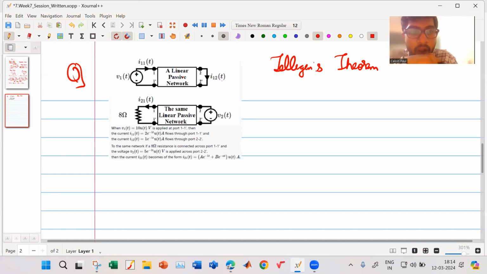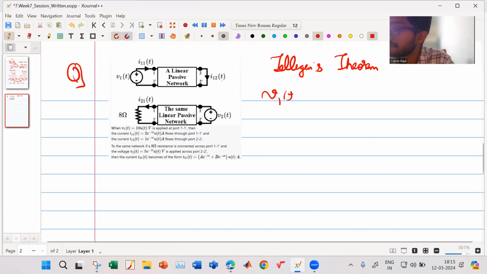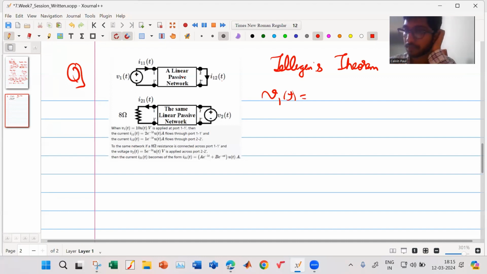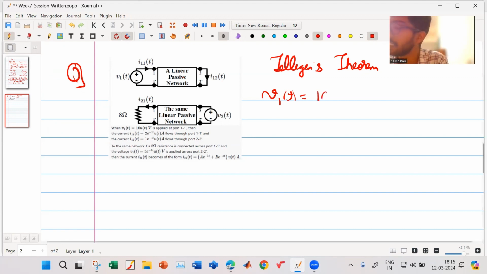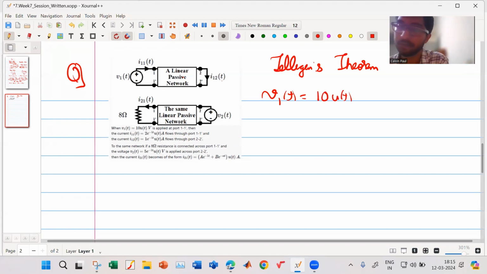V1(t) is I1(t) into the circuit impedance, 10 u(t). It is given in the question, it is 10 u(t).